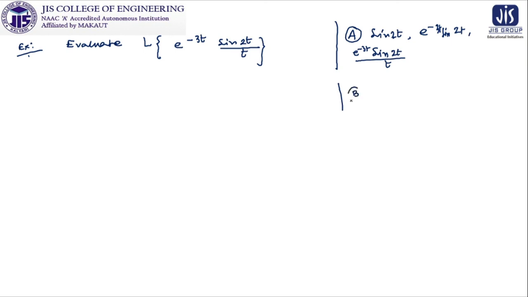Parallelly, another way is to proceed for sine 2t first, then using the property of division by t, sine 2t by t, and then using first shifting property, e to the power minus 3t sine 2t by t. I expect both ways to be practiced by you.